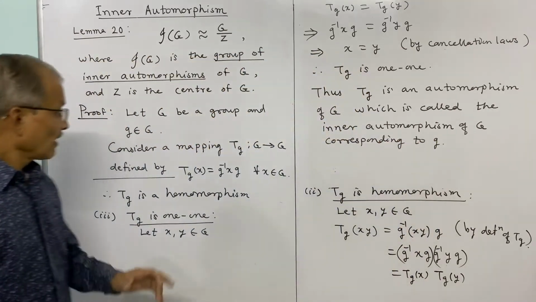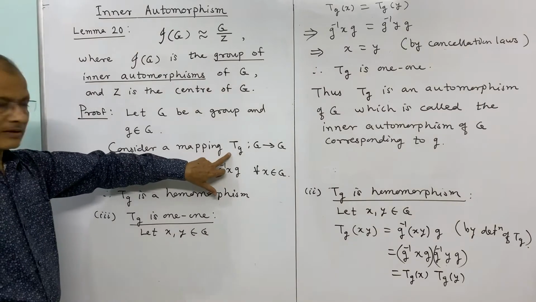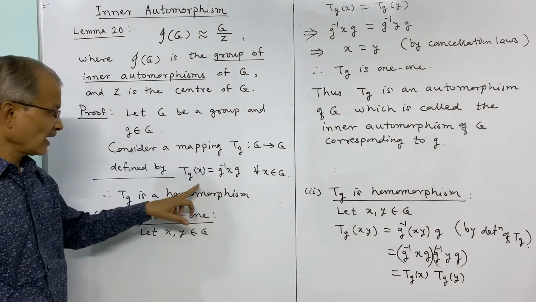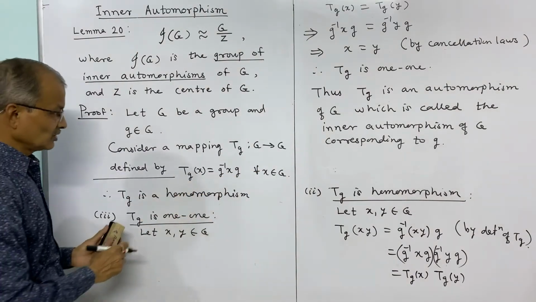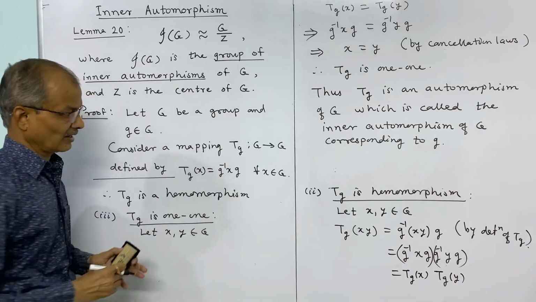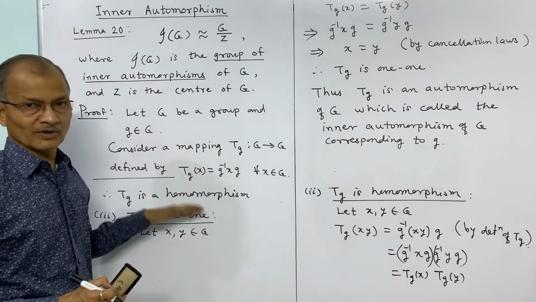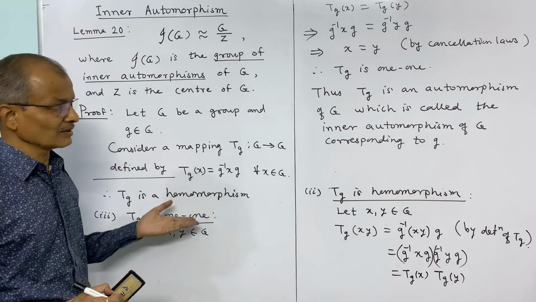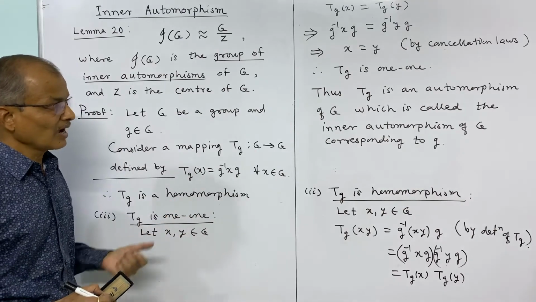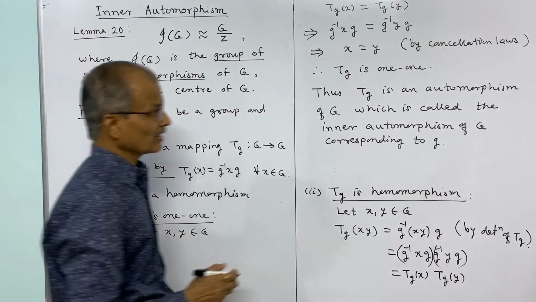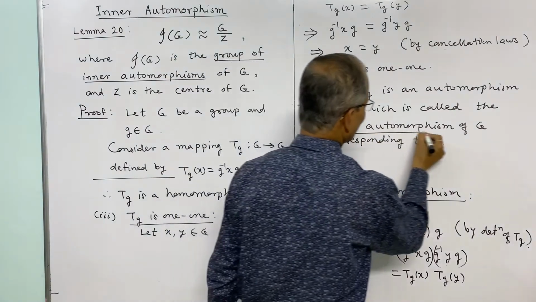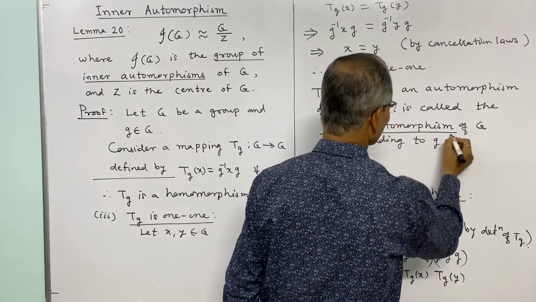We have taken the mapping Tg from G to G, defined by Tg of x equals g inverse xg, and we have shown it is a 1-1 onto homomorphism, and thus it becomes an automorphism. This automorphism is known as the inner automorphism of G corresponding to g.